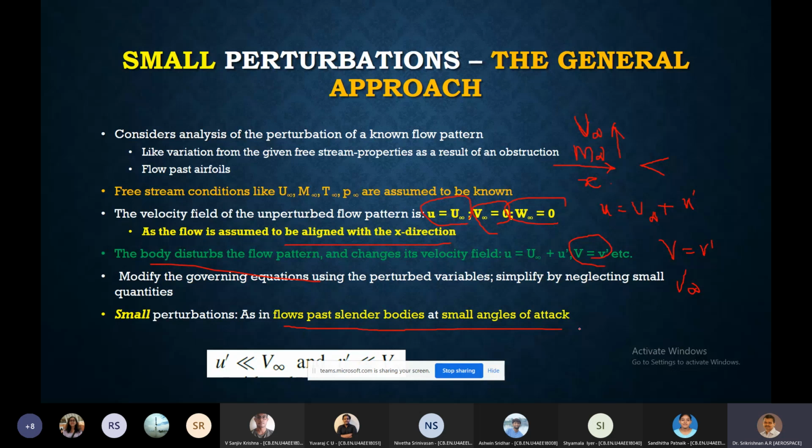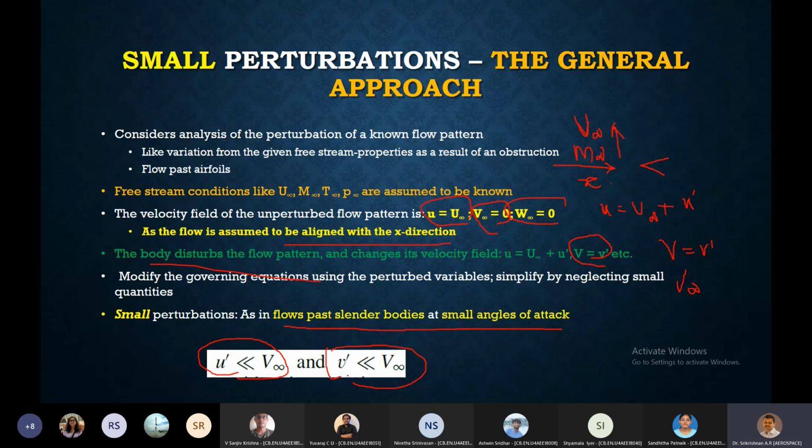So in other words, what we are saying is that u prime is much smaller than u infinity. That is, the disturbance in the velocity is significantly smaller than the absolute velocity. Similarly, in the y direction, v prime is going to be much smaller than v infinity, which we are indicating as the free stream velocity.